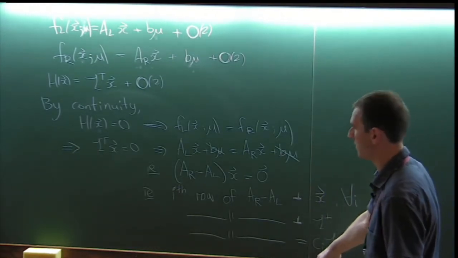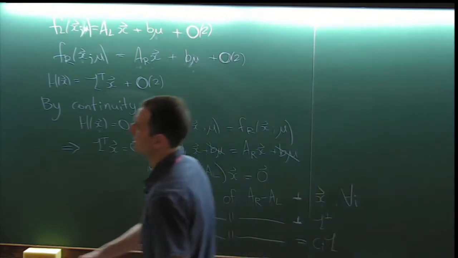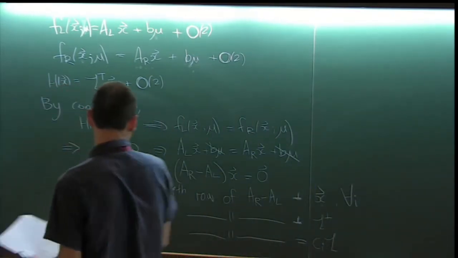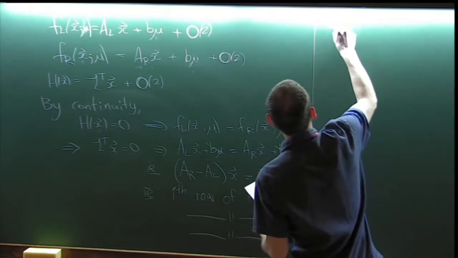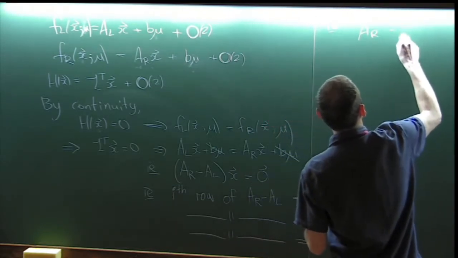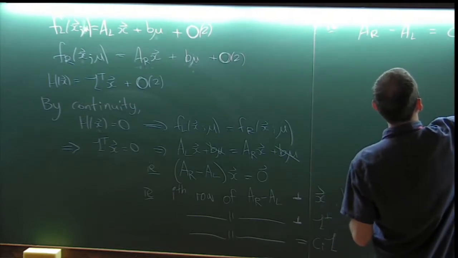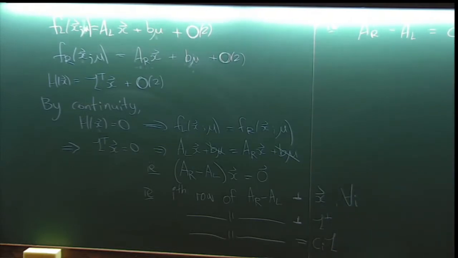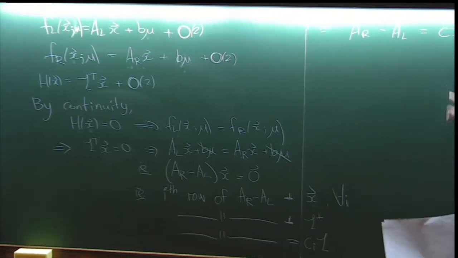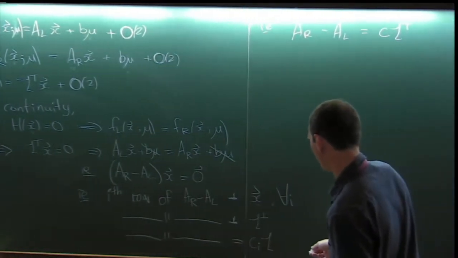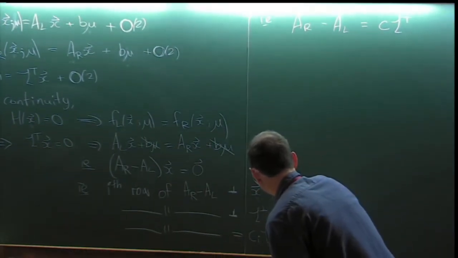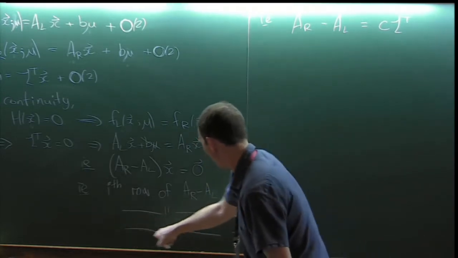So I can put these numbers into a vector, call it c, and I get exactly that, AR equals AL plus c zeta transpose. And is that right? I should have a transpose here, really, because this is a row vector.